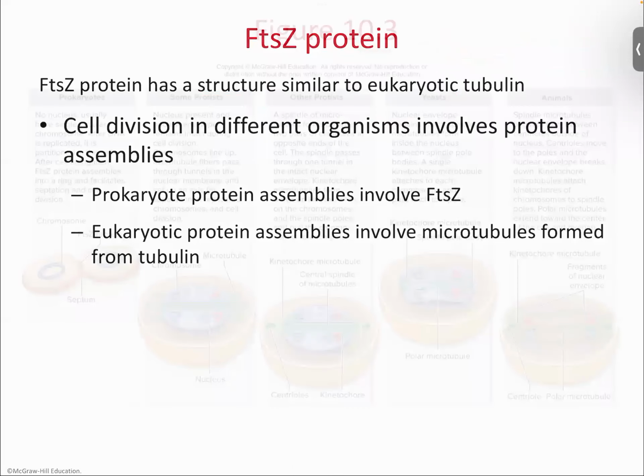So that's basically how eukaryotes do it. Instead of FtsZ, they have a contractile ring. They have a way to pinch the cells apart, just like the bacteria do, only in this case they're using tubulin and the microtubules associated with that tubulin to do this job instead of FtsZ.